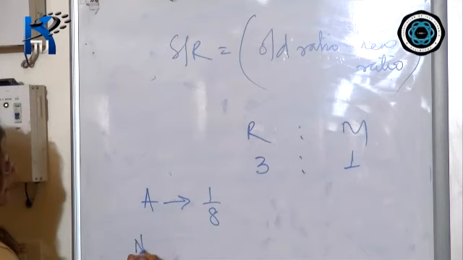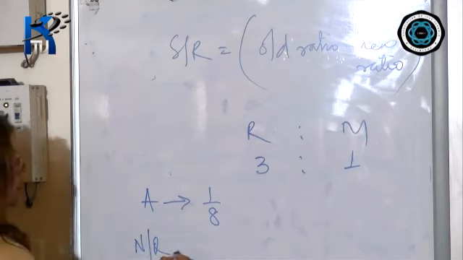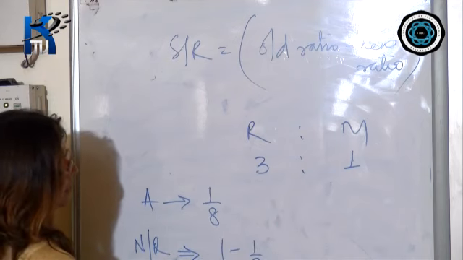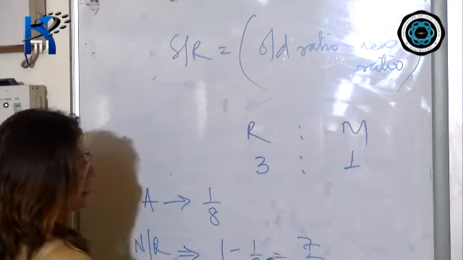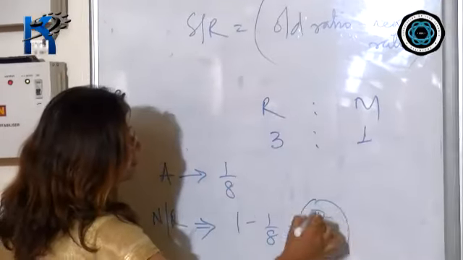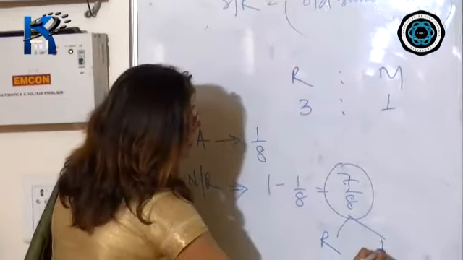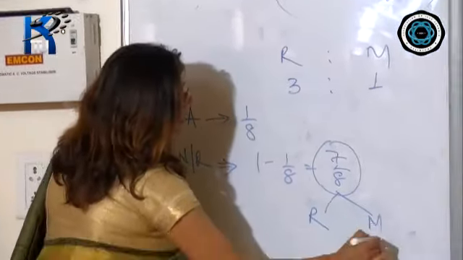So, first of all, we'll calculate the new ratio. How do we go about it? 1 minus 1/8. This is the remaining share which you are left with. This will be distributed amongst R and M in the ratio 3:1, that is 3/4 and 1/4. So R's new share will be 7/8 into 3/4 and 7/8 into 1/4 will be M's new share.